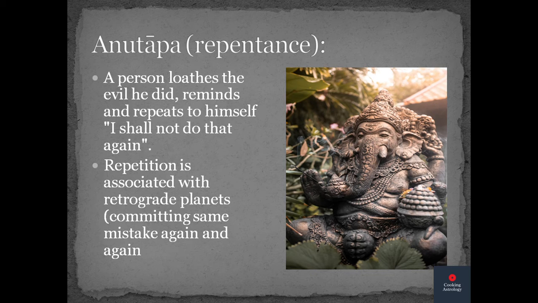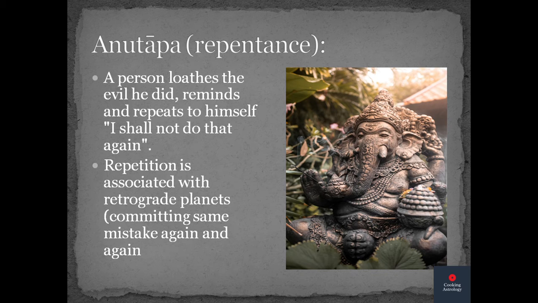Retrograde means committing the same mistake again and again in your life. Look at the house in which the retrograde planet is positioned in your chart. It means you are going to commit a lot of mistakes. And repetition is the key to success if you want to do the Prāyaścitta. And that is why it is very, very important to have Anutāpa.